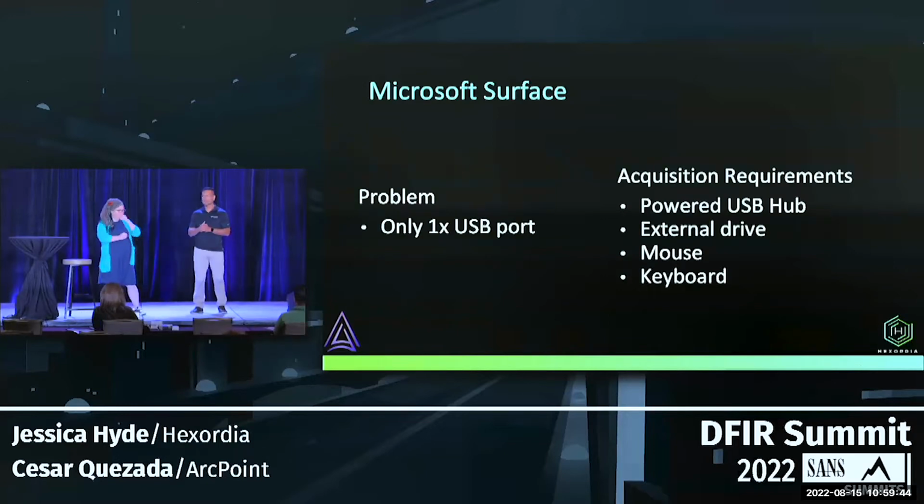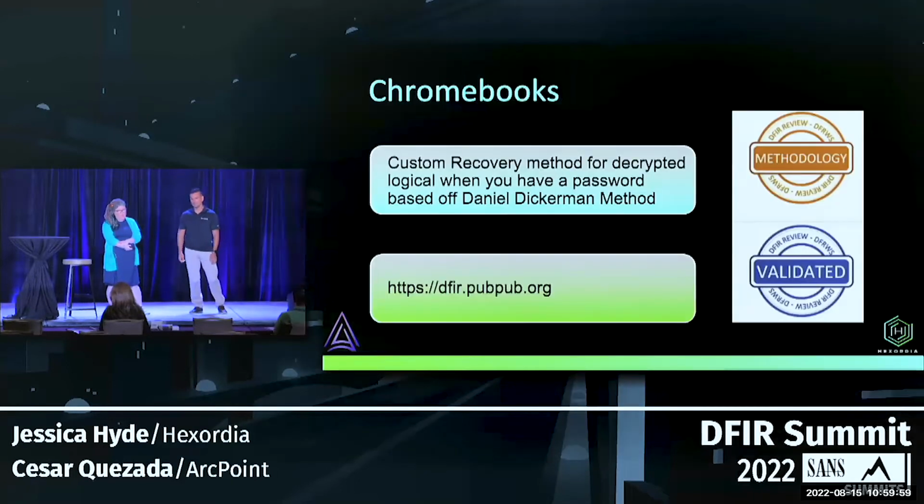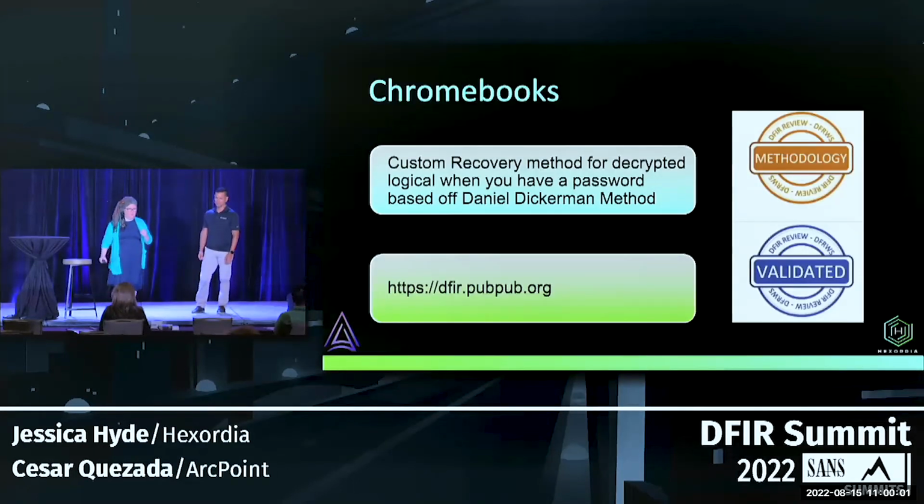So relying on other examiners who are more knowledgeable and who have been around the block a bit more is very helpful for acquiring new devices that perhaps you wouldn't be able to get if you were working by yourself.